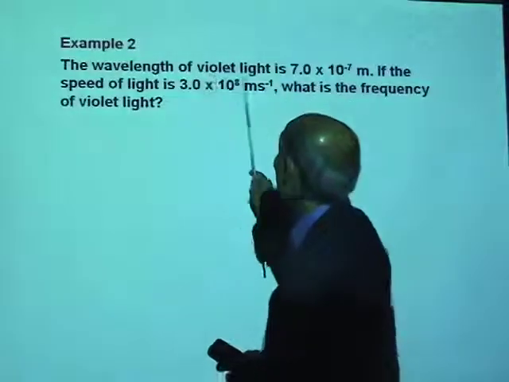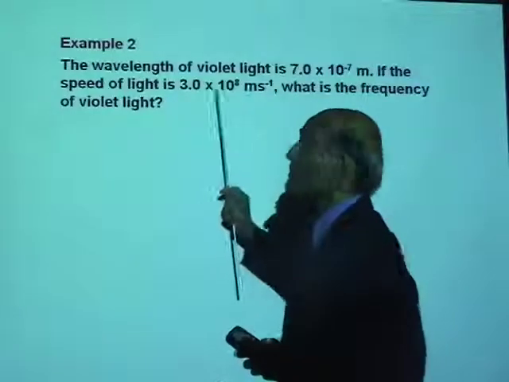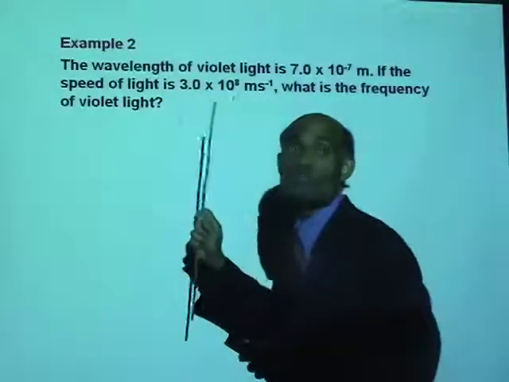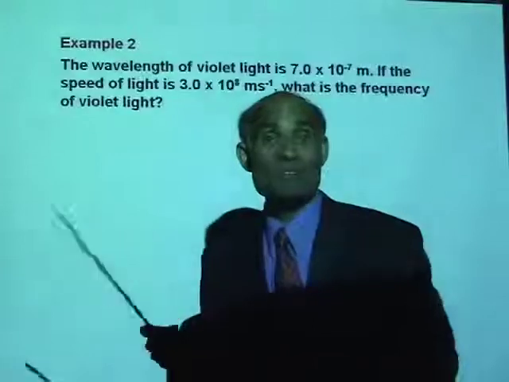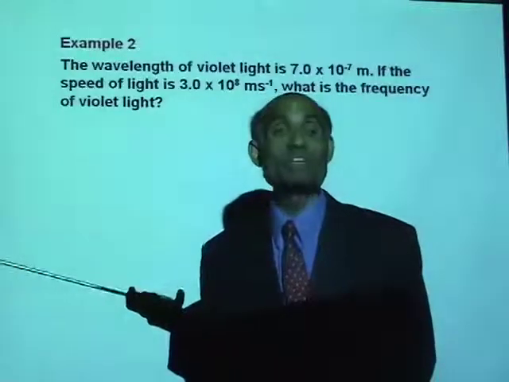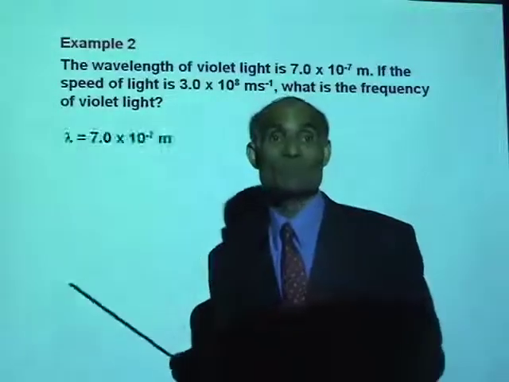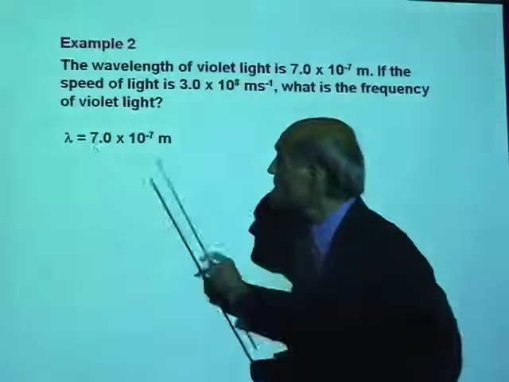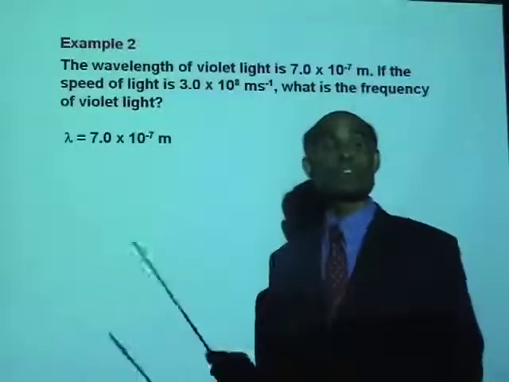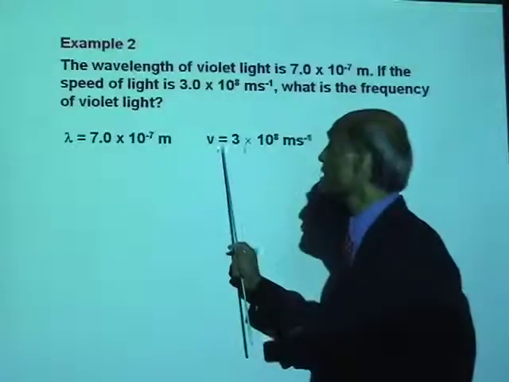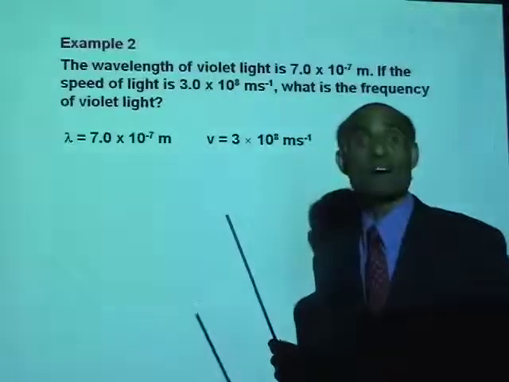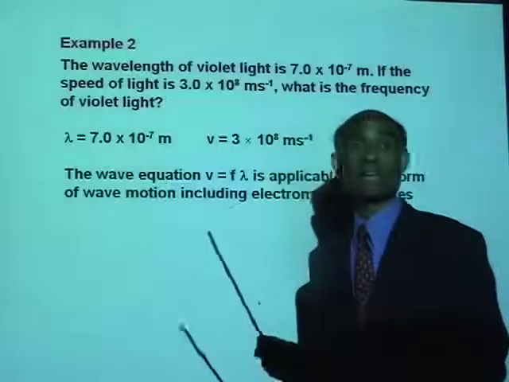Now, the wavelength of violet light is given, the speed we know, therefore we can find the frequency. All we need to do is use the wave equation. So, lambda is 7 times 10 to the negative 7 meter. Speed of the wave is 3 times 10 to the 8 meter per second.